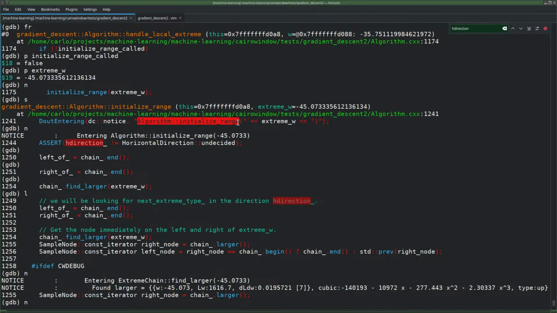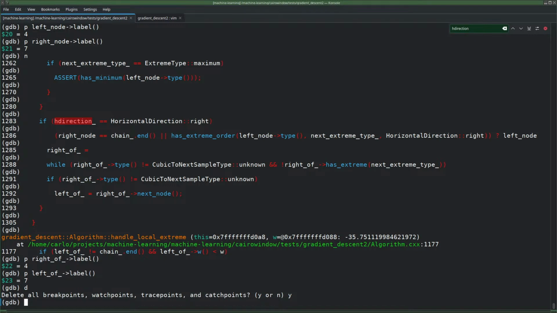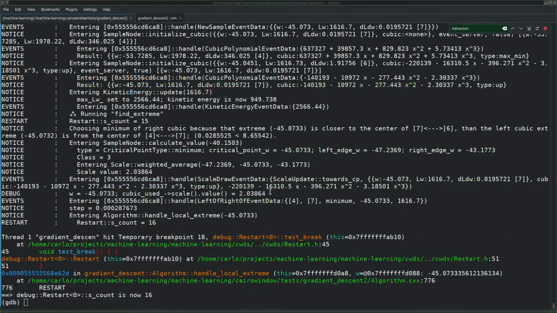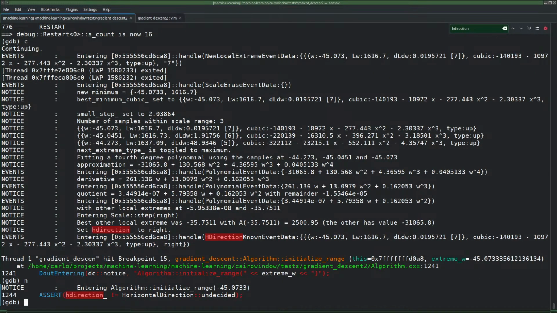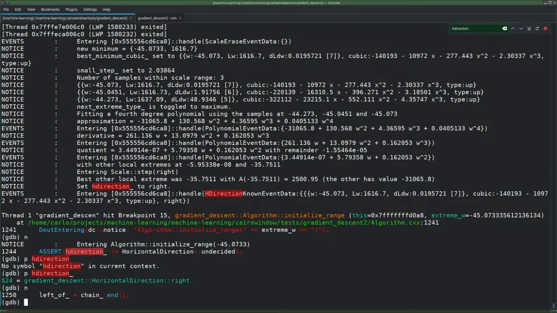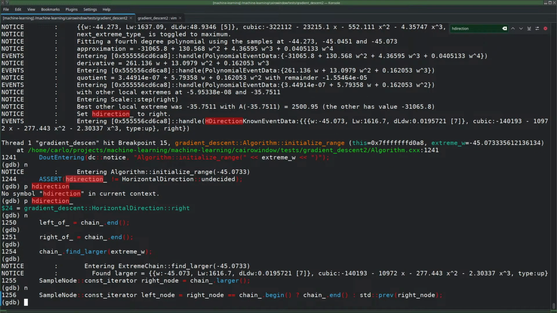We need a breakpoint here. I'm just going to delete all breakpoints. Yes, and then break there after I return 16. Continue. H direction was set to right. The right node was 7.